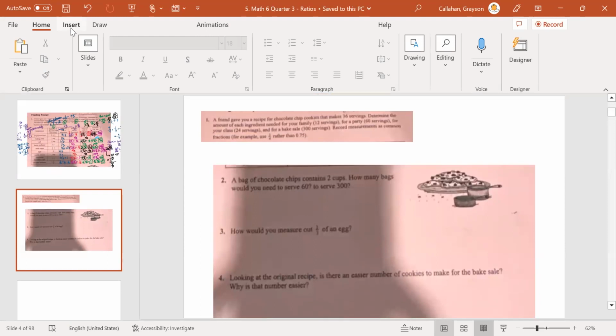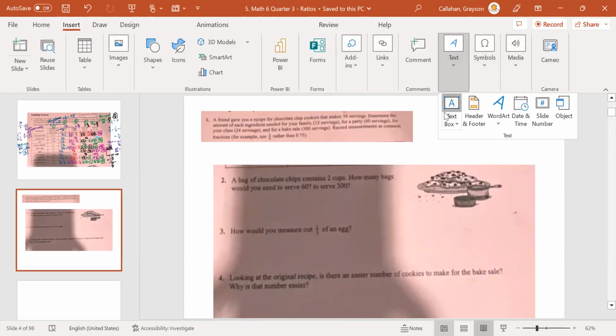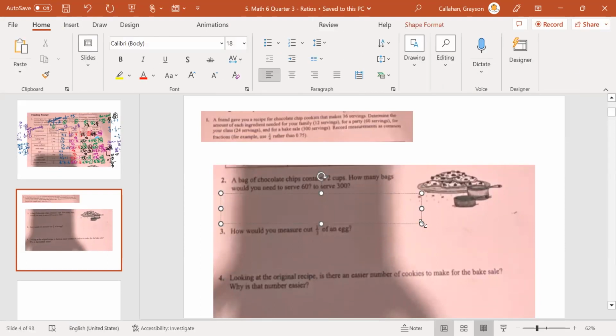Okay, so my answer for this would be, you can say something like, assuming that a bag of chocolate chips contains 2 cups and it serves 36 people. What that means is, if a bag of chocolate chips will make enough cookies to serve 36 people, right?